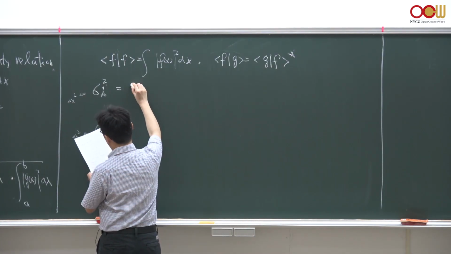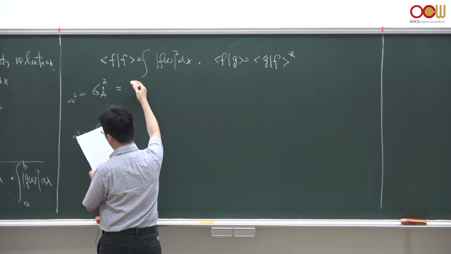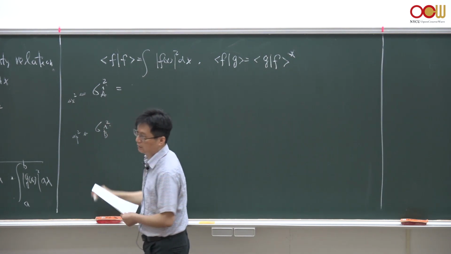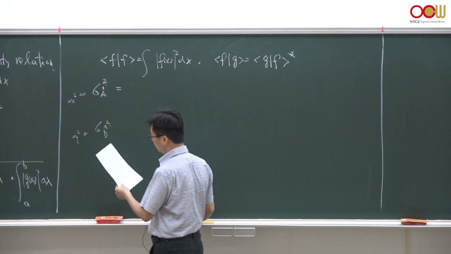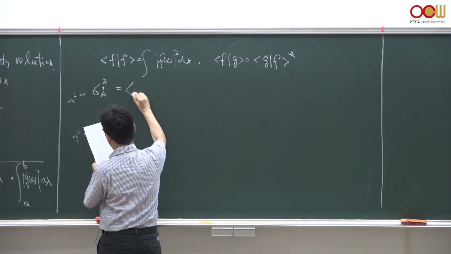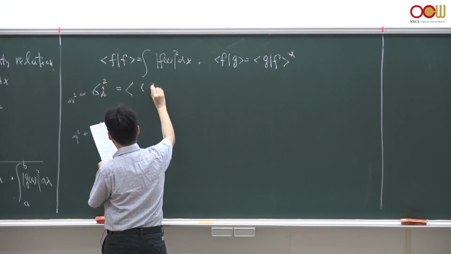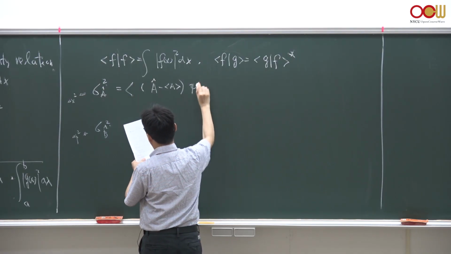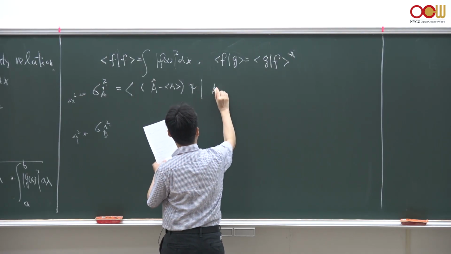So by definition, the square of your deviation when you take the measurement for operator A is defined by this kind of projection.